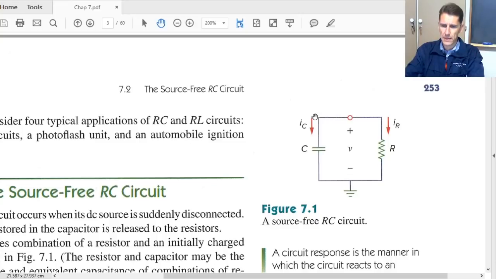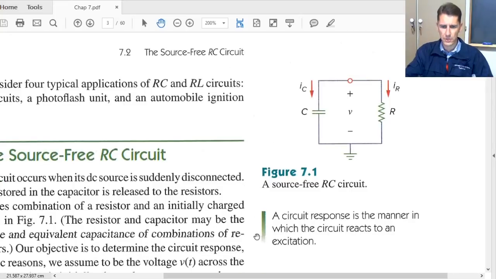So current from the capacitor from the positive to the negative, and the same for the resistor. Now you might say, wait a minute, isn't this current going to go in circles? Yes, it is. The current is just going to go one direction in the end, but all that means is that IC is the negative of IR. So it's just a sign convention.